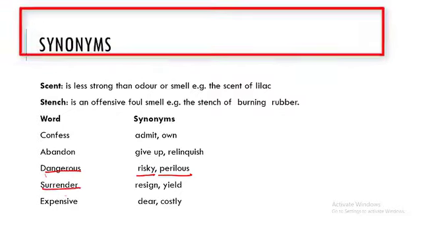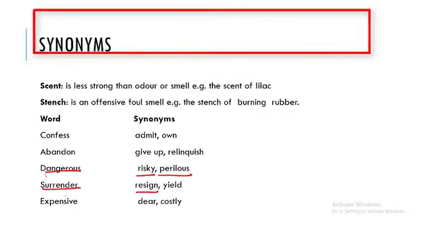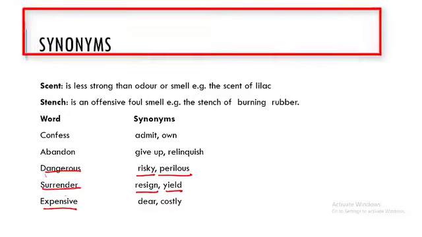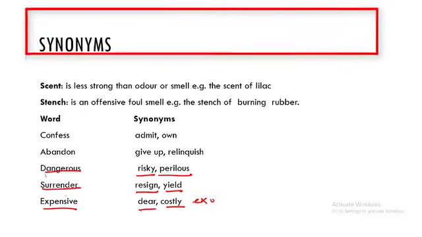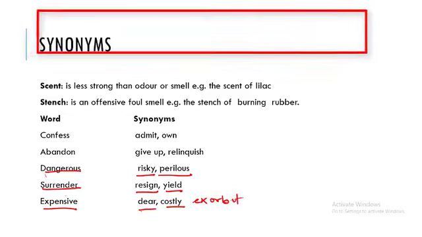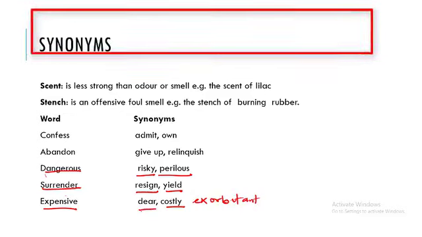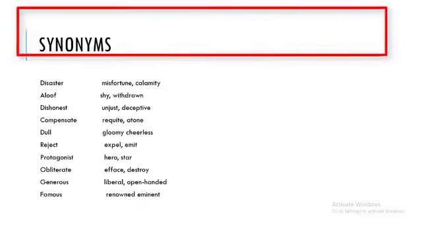Surrender could also mean to resign or to yield. And when something is expensive, you could say it is costly, or it is dear, or it's exorbitant. The prices are exorbitant.